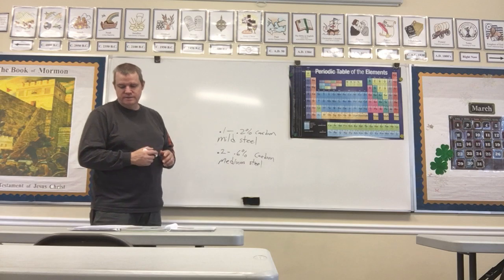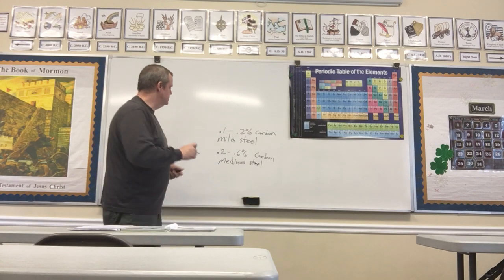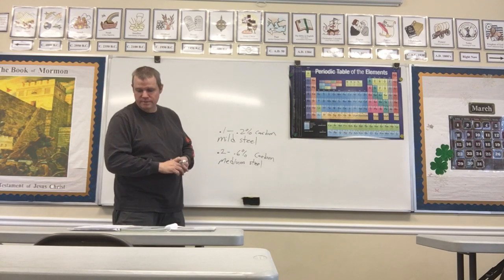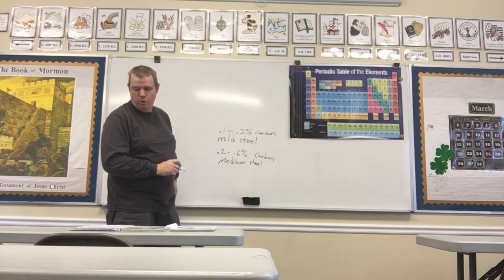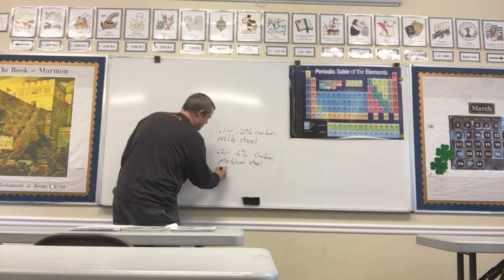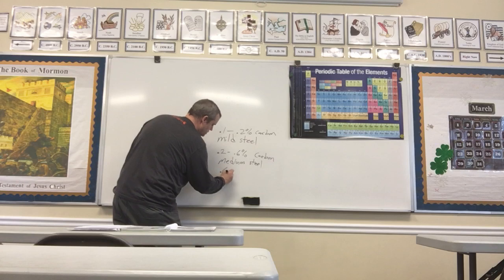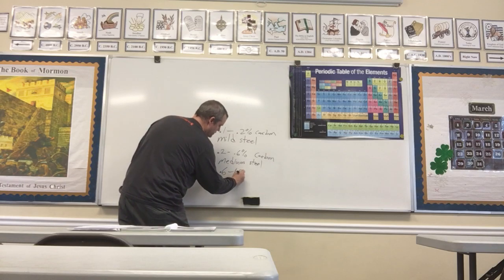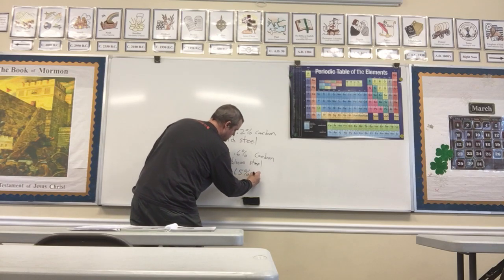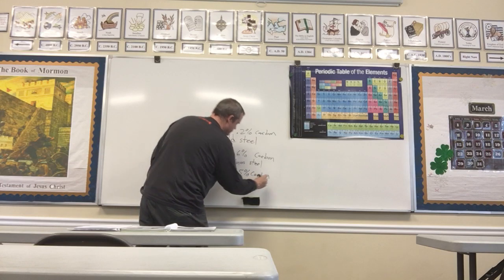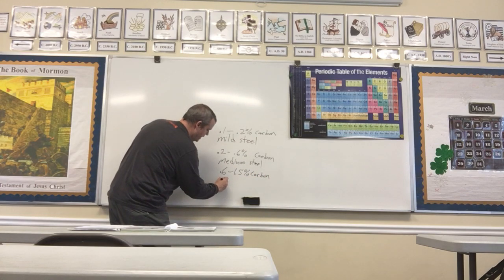And then the next type of steel is called high carbon steel. High carbon steel has 0.6 to 1.5% carbon.